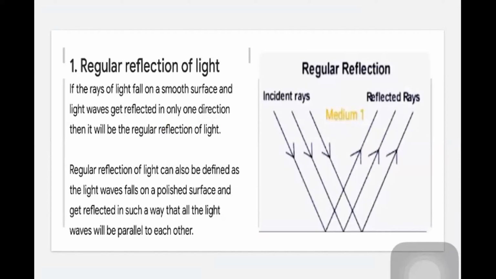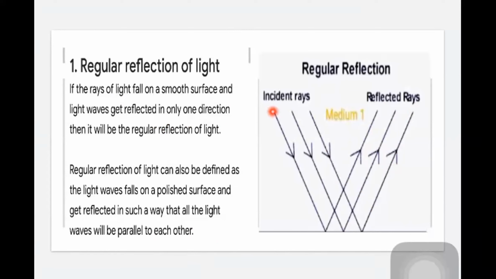Now we will see in detail what regular reflection of light is. If a ray of light falls on a smooth surface and the waves get reflected only in one direction, then it is called regular reflection.